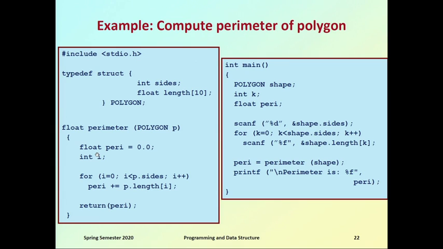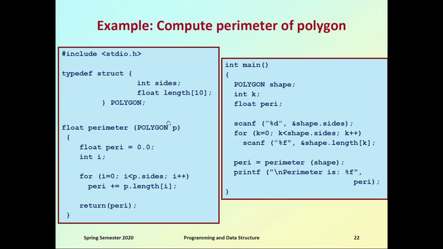Now, for i equal to 0, i less than p dot sides, i plus plus. So, what is p dot sides? Because p is a polygon type, it has two parts, p dot sides and p dot length i.